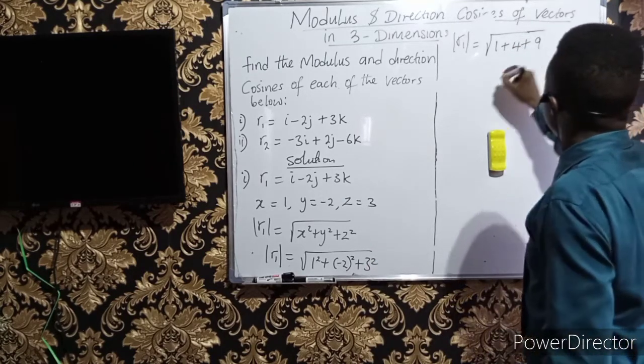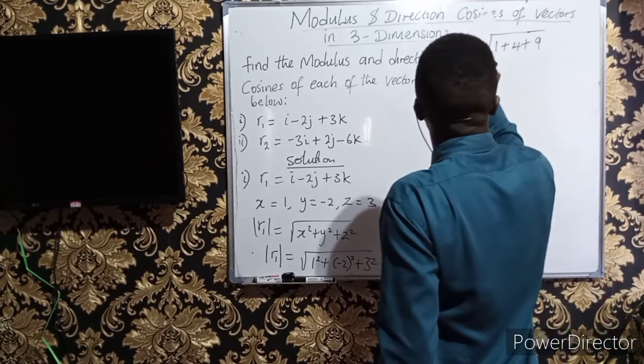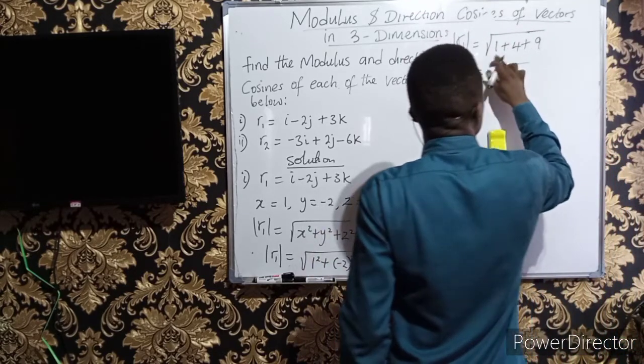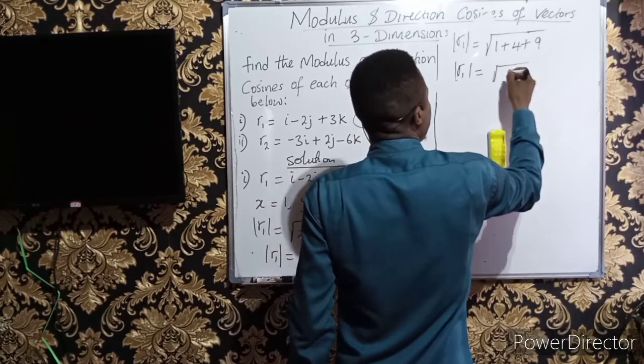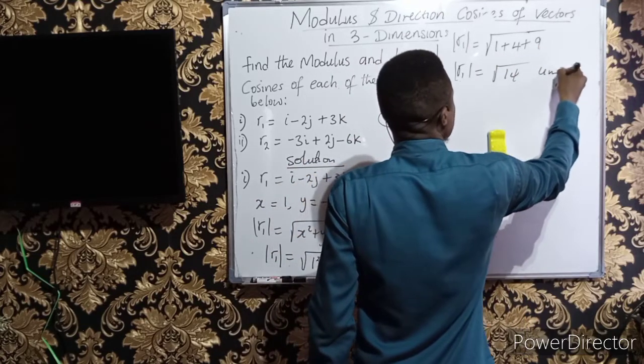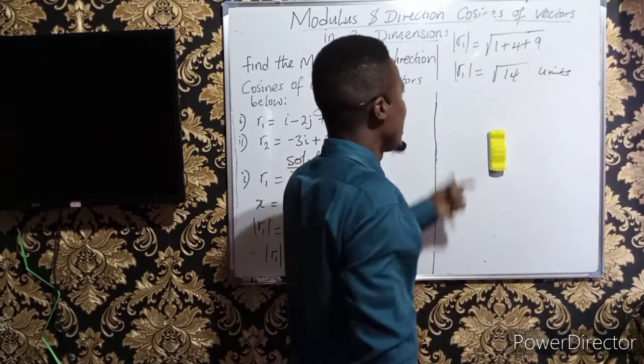So the modulus of R1 is the square root of 1 plus 4 plus 9, which is the square root of 14 units. Since 14 is not a perfect square, we can leave it like that.